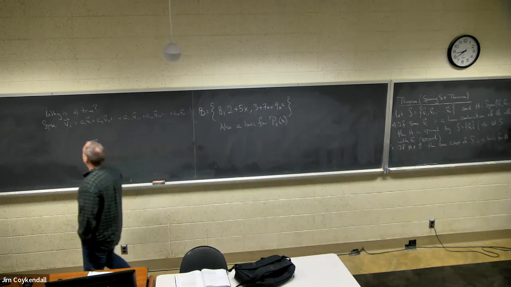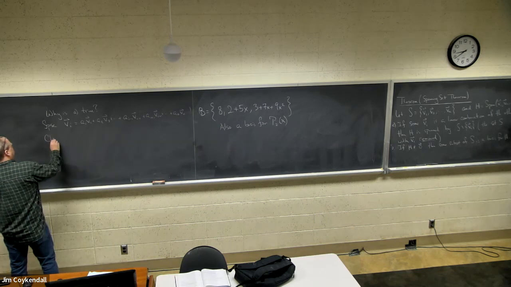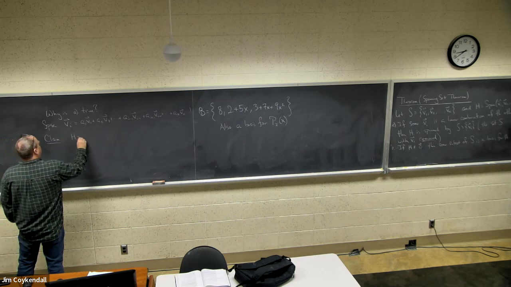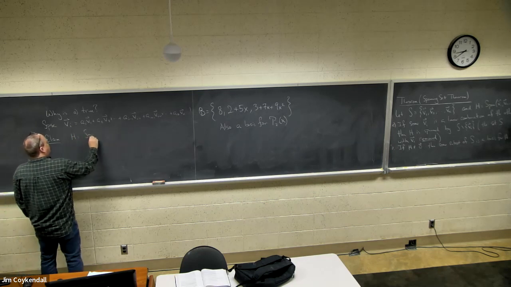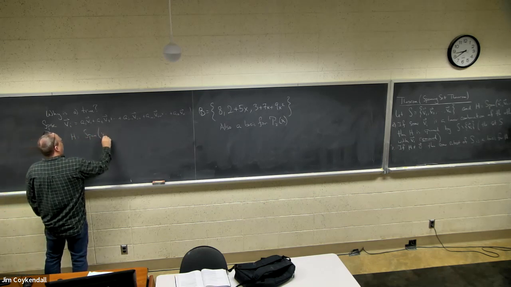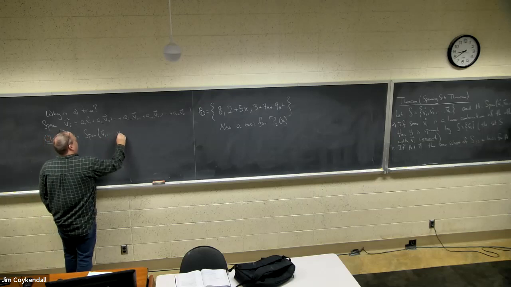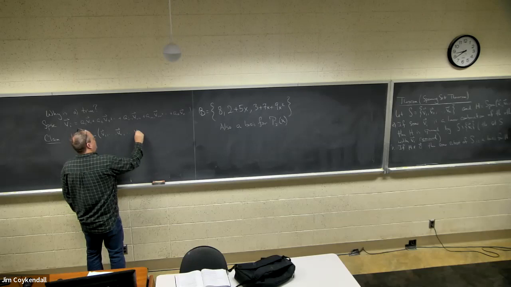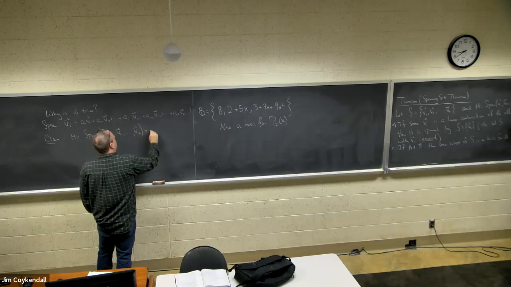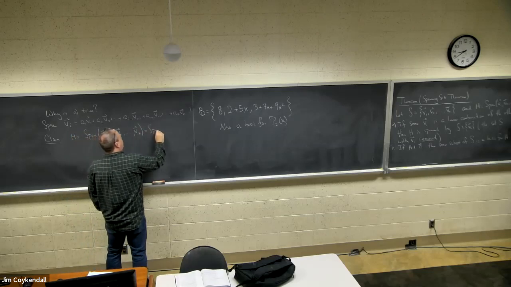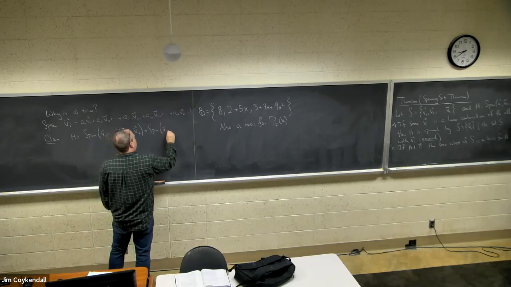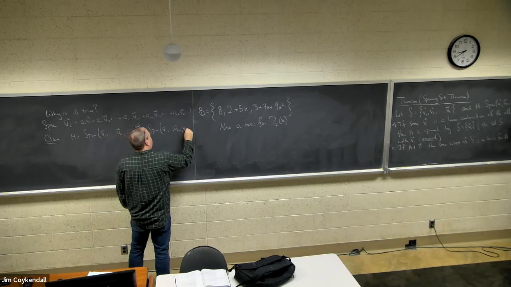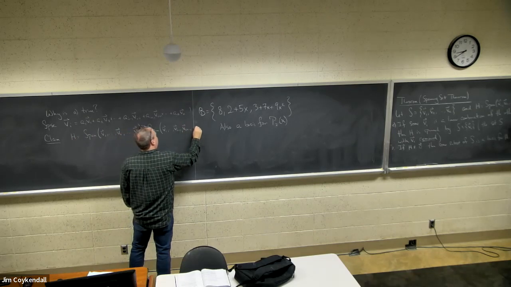So I claim that H, which is the span of v1, ..., vi, ..., vk, is equal to the span of v1, ..., vi minus 1, vi plus 1, ..., vk.